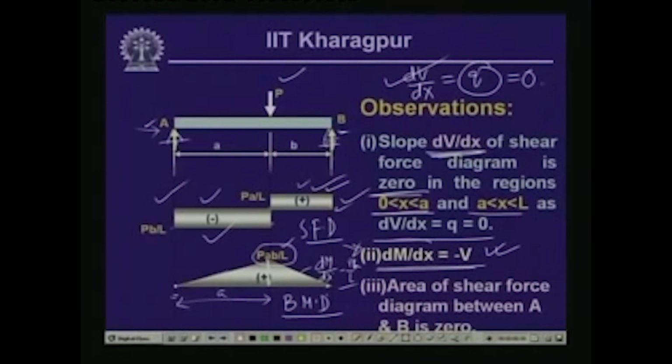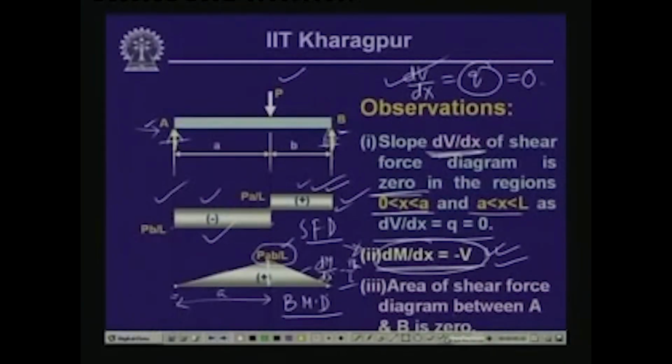Also, now we have seen that if we like to find out the difference between the bending moment at two different sections, if we integrate the dM between A and B, which gives us the moment value at B minus moment value at A, that is equal to integral V dx.